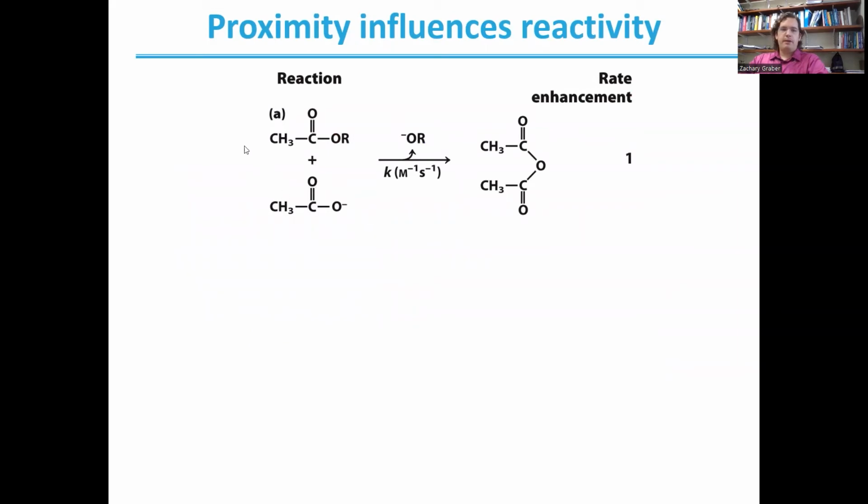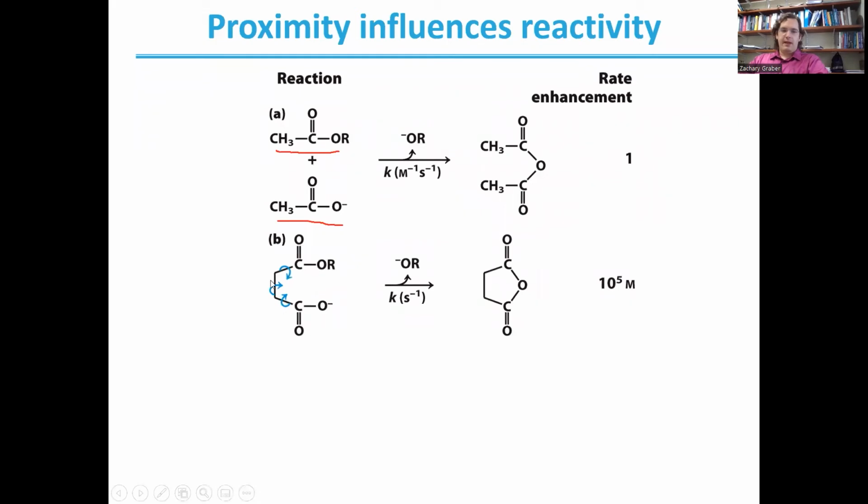So if we compare two different molecules that are going to react, we have a nucleophilic acyl substitution reaction here between a carboxylic acid and an ester. If you just have these two free in solution, they can react together to create an anhydride. But this reaction is going to be relatively slow, right? They have to find each other, they have to get in the right orientation, make our reaction. Somewhat of a slow process because of the entropy associated with that.